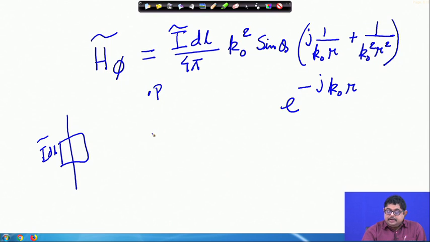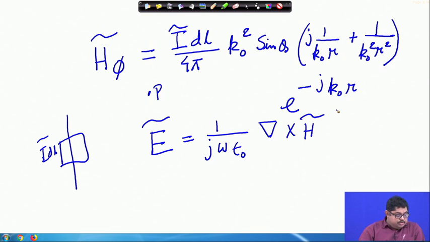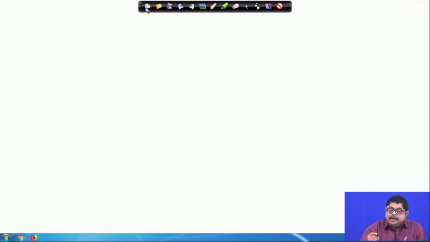So, now we can write the electric field phasor from Maxwell's equation as 1 by j omega epsilon naught del cross H. If we do that again, then we can find out the components. There we will see that it has an E r component.